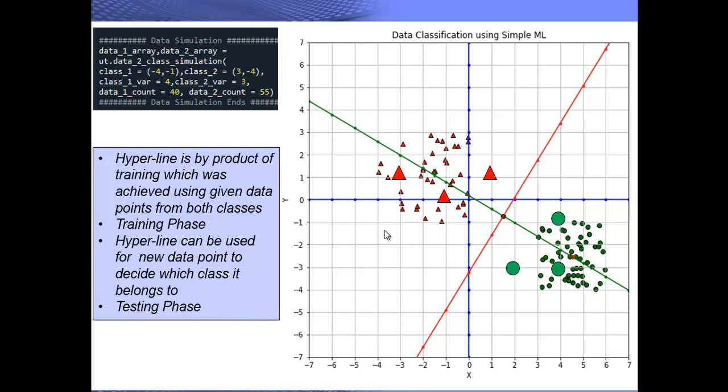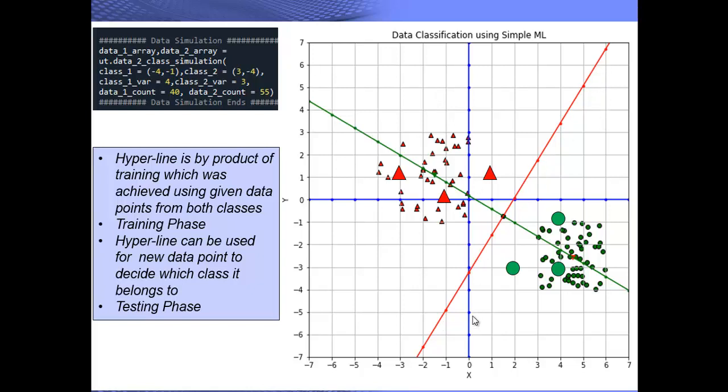So that's how we are going to have a first training from the given data, and whenever that data is given, it will have labels. Labels means the class which it belongs to. So once we have data and the class it belongs to, that is also called a label. If we have data and labels for, let's say, two classes, then we can do the training. Training is nothing but deciding the hyperline.